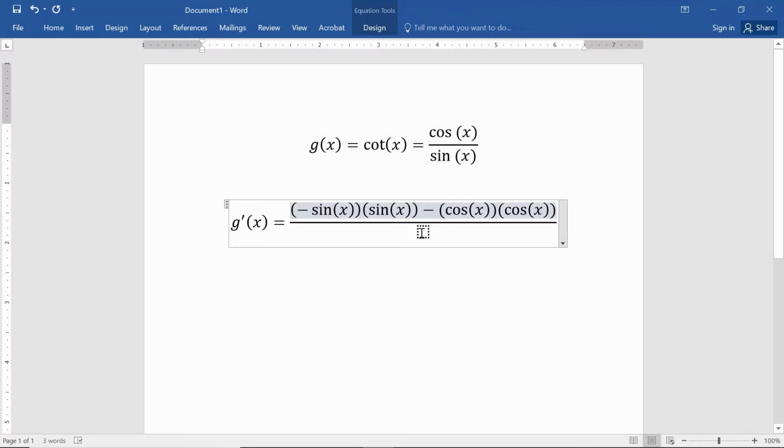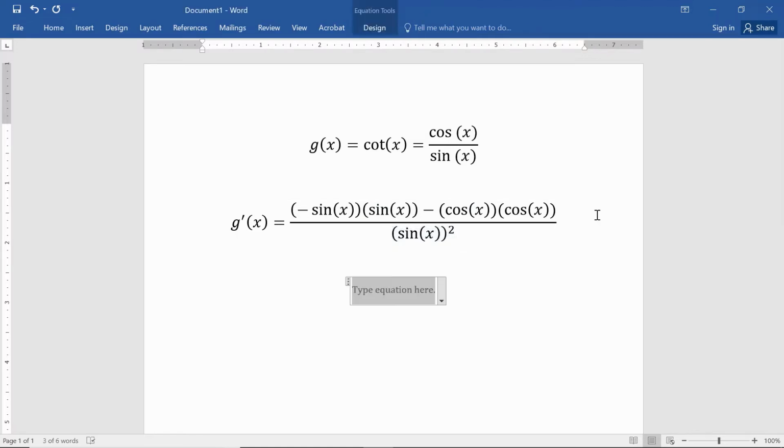And then that is all going to be divided by sine of x quantity squared. If I clean this up, that means the derivative of cotangent is going to be negative sine squared of x minus cosine squared of x, all divided by sine squared of x.